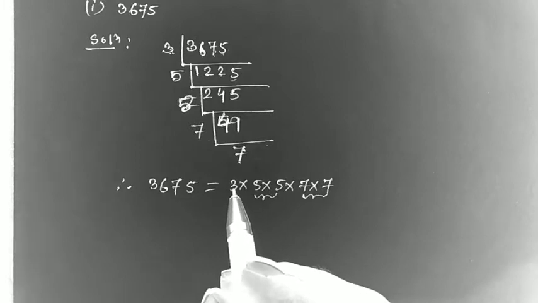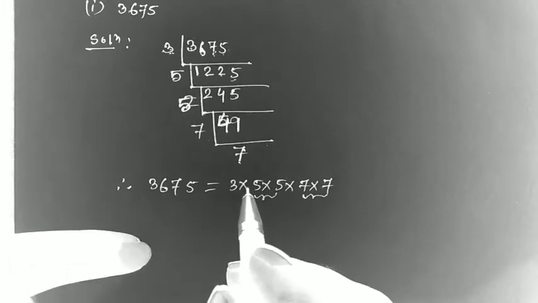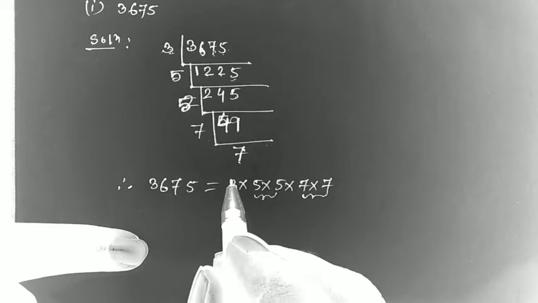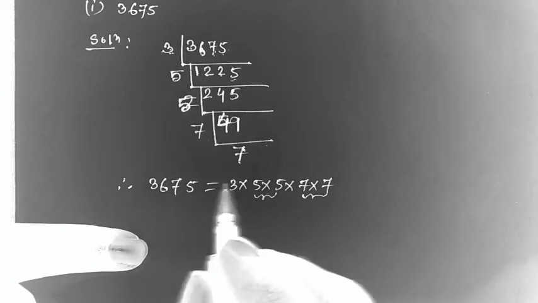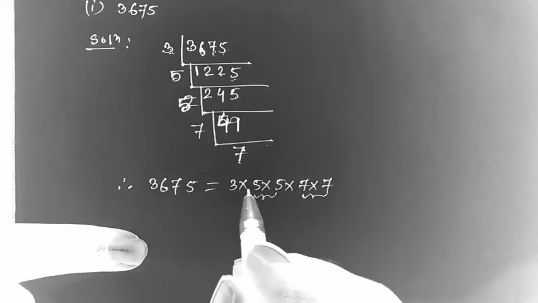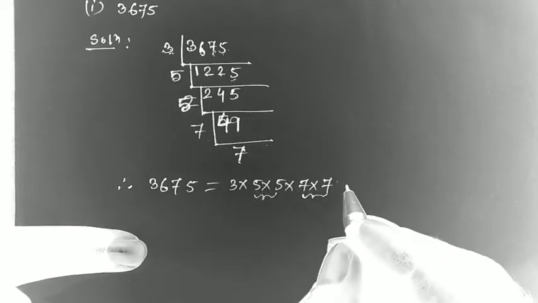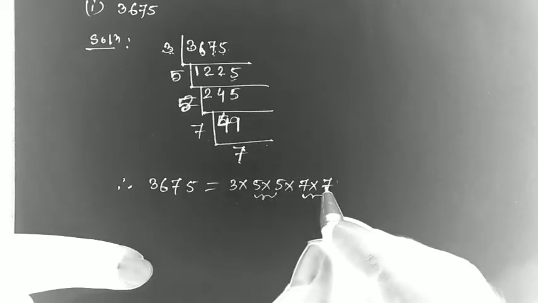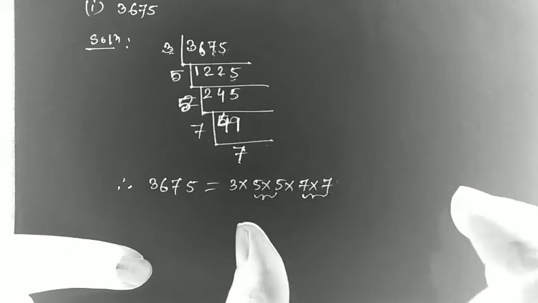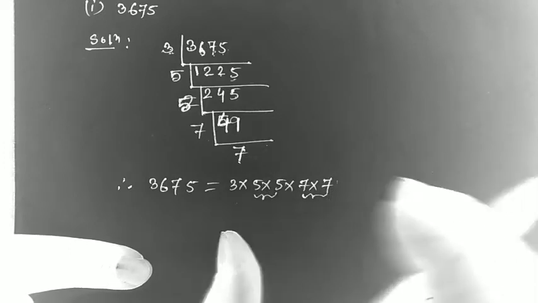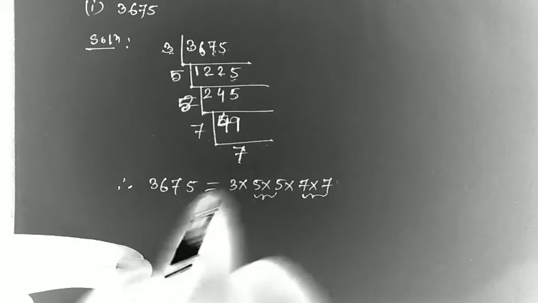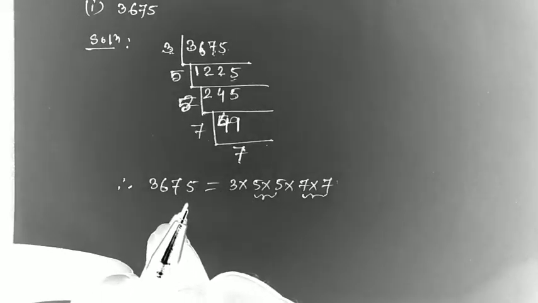Since 3 does not have any pair, if we make a pair of 3, then it will be a perfect square number. If we multiply a 3 here, then 3 will also be a pair, and 5 has a pair, 7 has a pair. When all the factors become pairs, that number is a perfect square number.